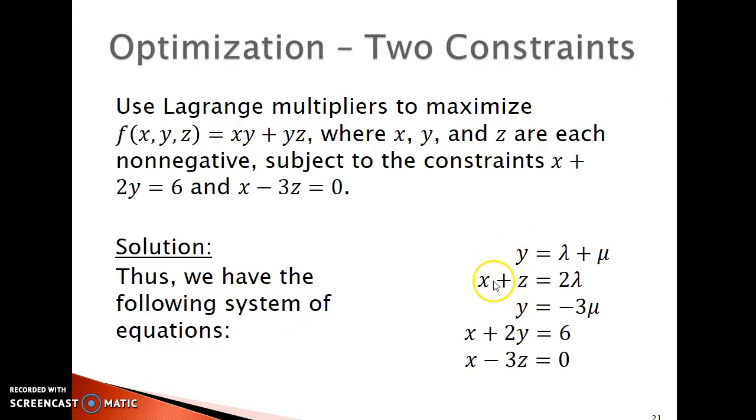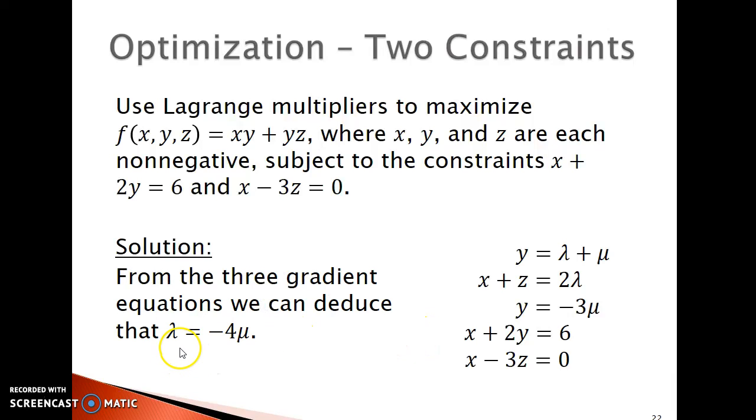If you work with the first 3 gradient equations, you can deduce that lambda is equal to negative 4 times mu. And if you want to pause and see if you can come to that conclusion just working with those 3, I encourage you to do so before resuming, because I've skipped a lot of the steps here. I'm solving those using the first 3 equations to deduce that lambda equals negative 4 mu.